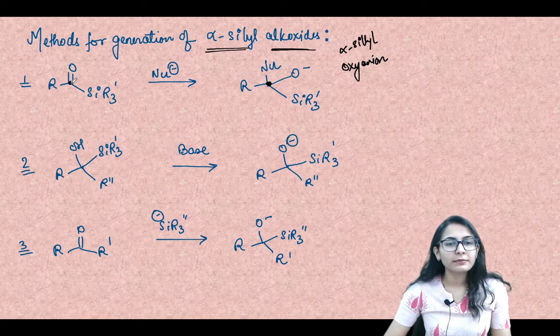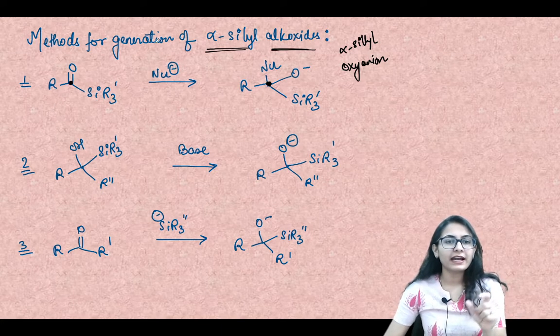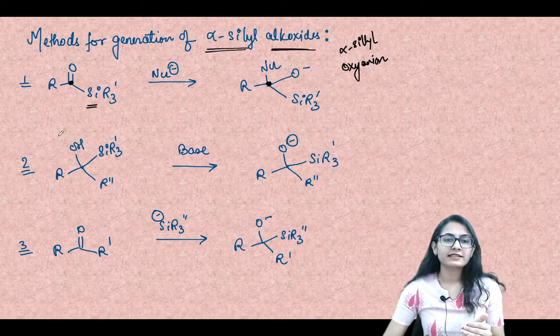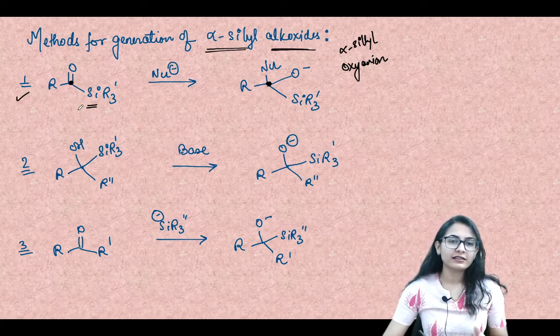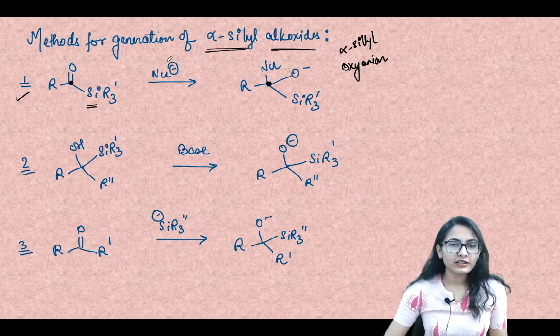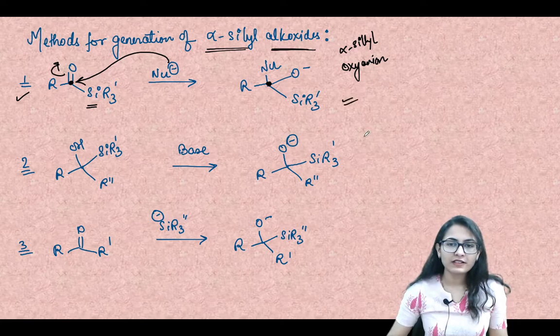First of all, you can make a nucleophile attack on the carbonyl group which also has an alpha silyl group, right? So this is what you have in this kind of molecule. Okay, alpha silyl, let's say ketone. You can have the nucleophile attacking, and you get the alpha silyl oxyanion. Now it is further going to give the same reaction.